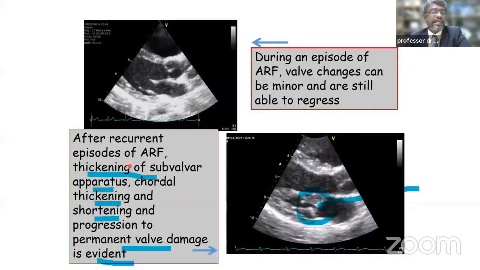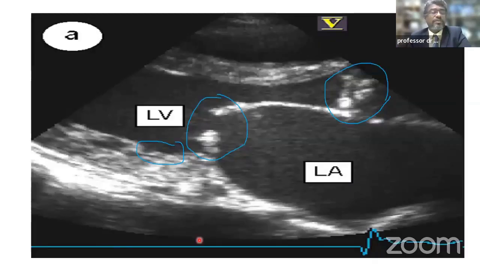But after recurrent episodes of acute rheumatic fever, the valve becomes thickened, there is development of a stenotic lesion, the mitral valve orifice may be reduced, and there is permanent damage of the valves also. Here we see the mitral valve; this is the anterior mitral leaflet, this is the posterior mitral leaflet.